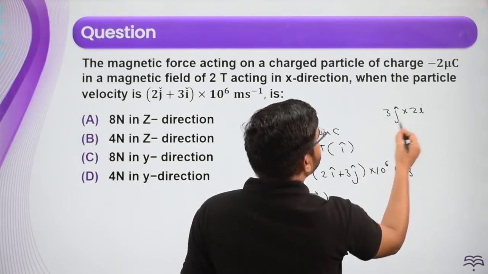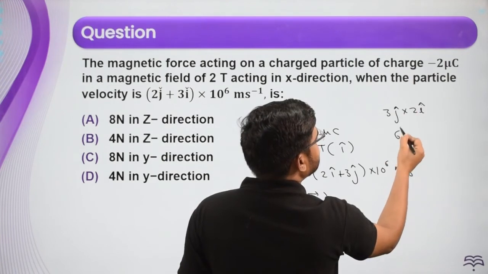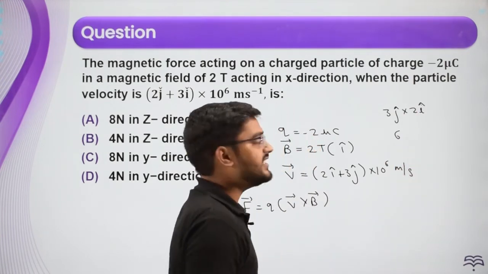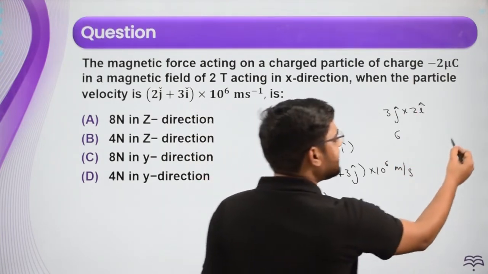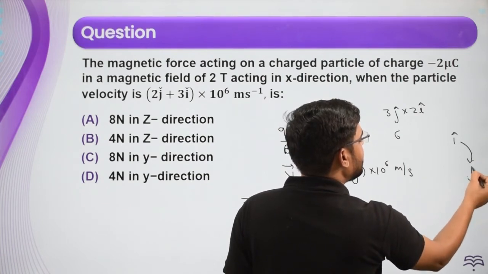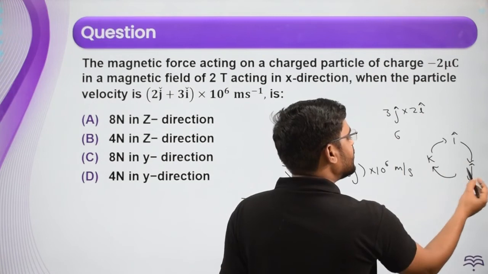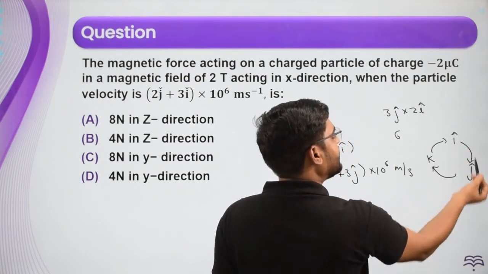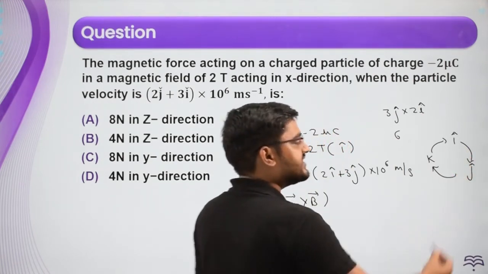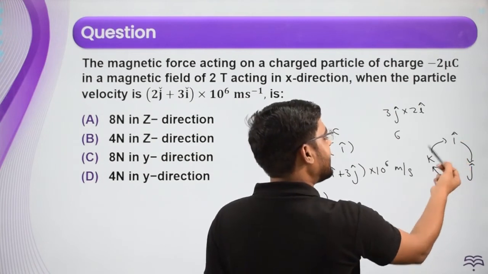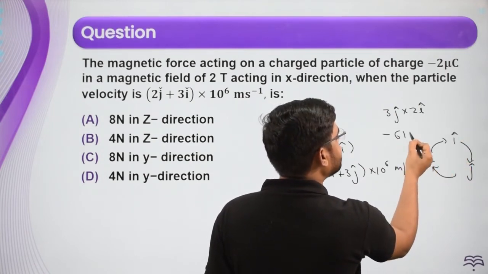The magnitude is going to be simply 6, and j cross i is basically minus k. Remember this circle, i, j and k. So j cross i will give us negative k, since we are moving the other way around. So j cross i is minus k cap, so it will be minus 6 k cap.